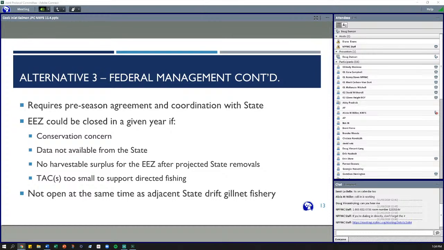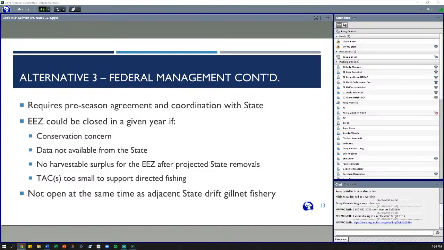In the event that we don't have timely data inputs from the state, such as their expected removals or forecasts for salmon runs in a given year, i.e. not having the data we need to manage the fishery, that would result in the closure of the EEZ for a given year.